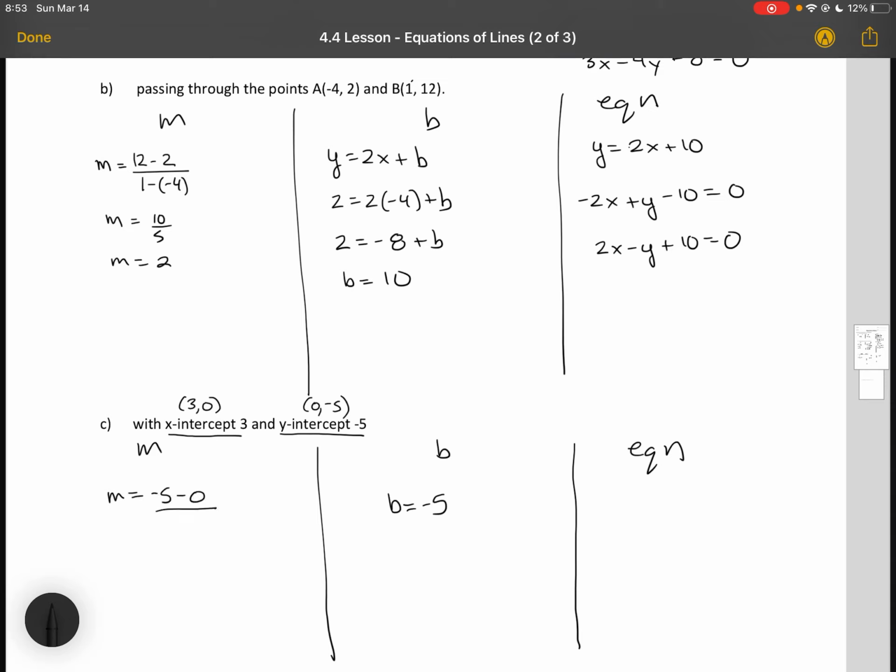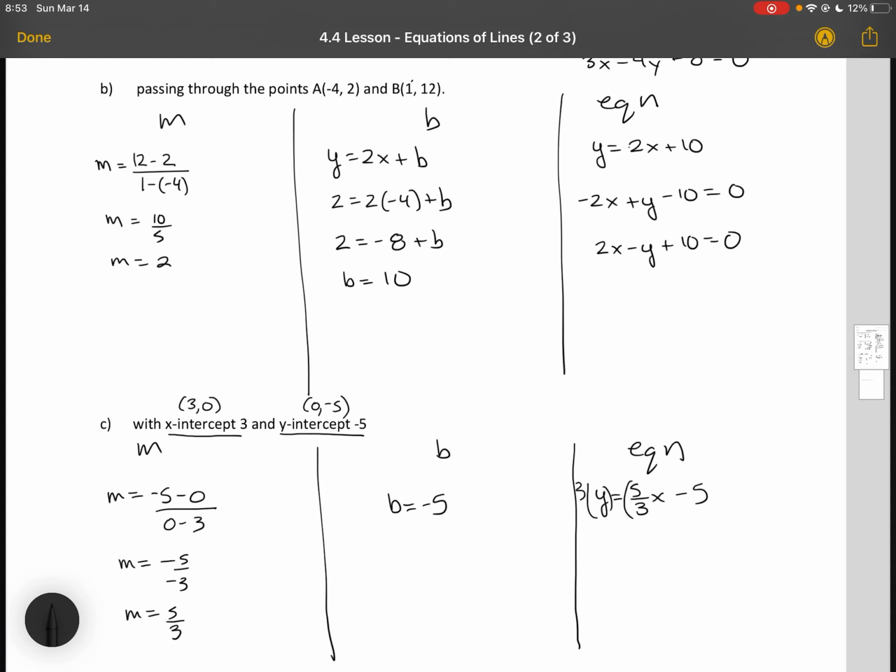So y2 minus y1 over x2 minus x1, which gives me a slope of minus 5 over minus 3, which I can simplify to 5 over 3. Now I can write my equation, y equals 5 over 3x minus 5.